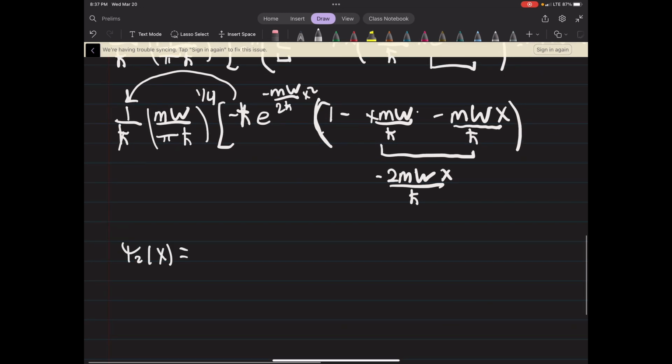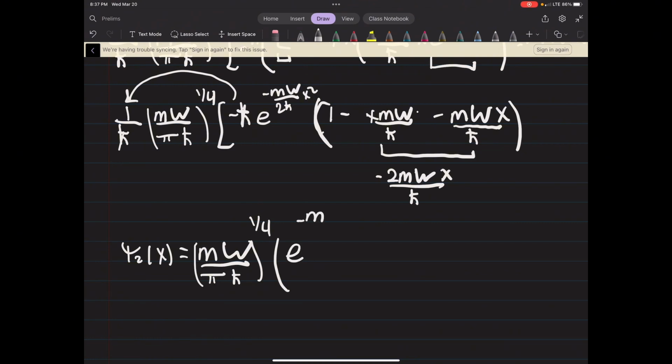So psi 2 of x is m omega over pi h bar to the 1/4 times e to the minus m omega over 2 h bar x squared.